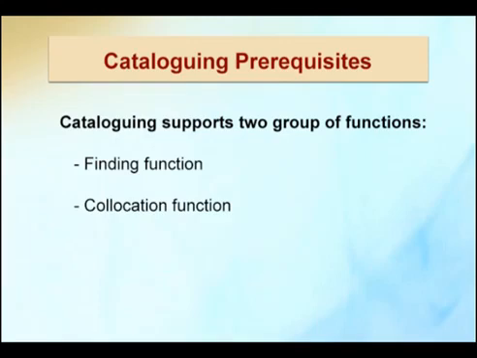Now, as you know, cataloging supports two broad groups of functions, one is the finding function, another is the collocation function. But please remember that until and unless you link your bibliographic data with the authority data, the second function, that is the collocation function, cannot be fulfilled. If you enter only bibliographic records, as most of the Indian libraries are doing, then you are supporting only one part of the objective of cataloging, that is the finding function.